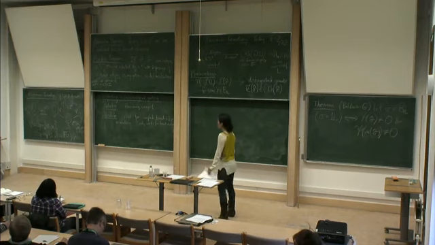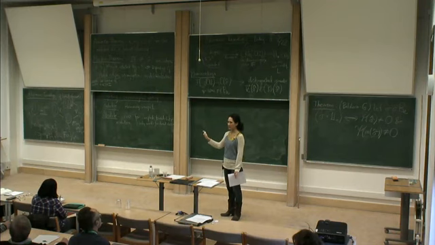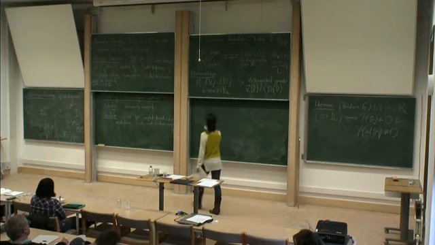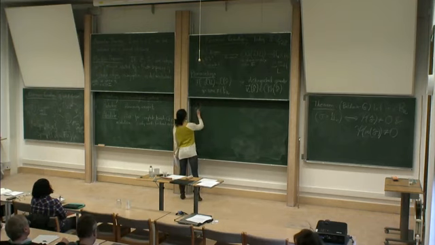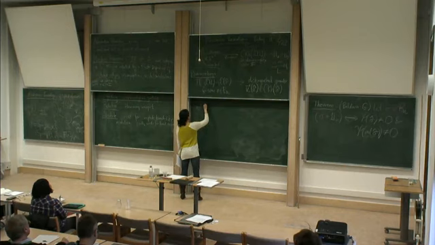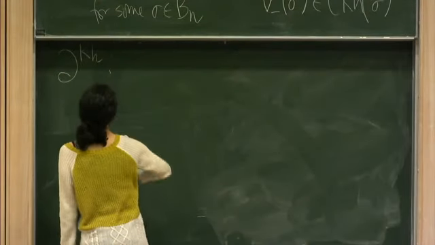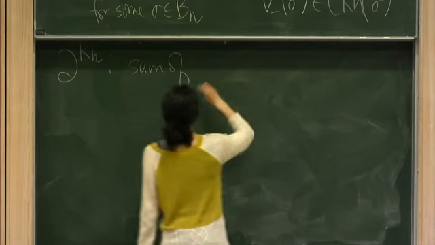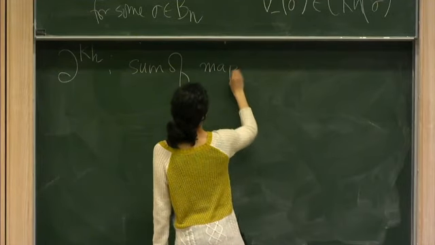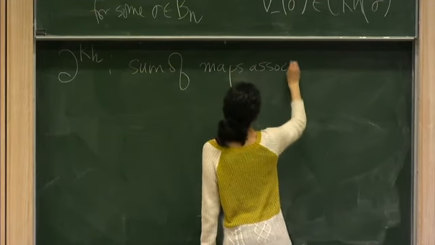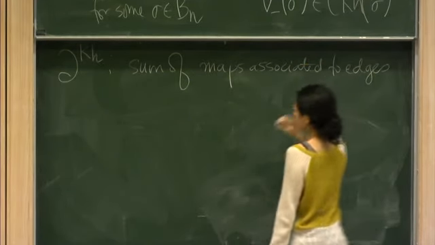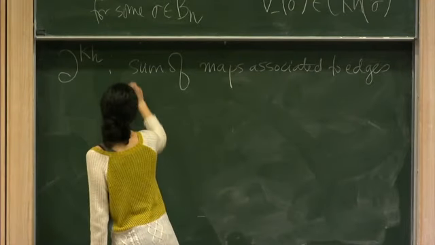All right, so I've told you what the underlying vector space is, and I've graded it with respect to a cohomological grading. And now I'm going to describe the differential, the Khovanov differential. So this is a sum of maps associated to edges exiting a particular vertex.